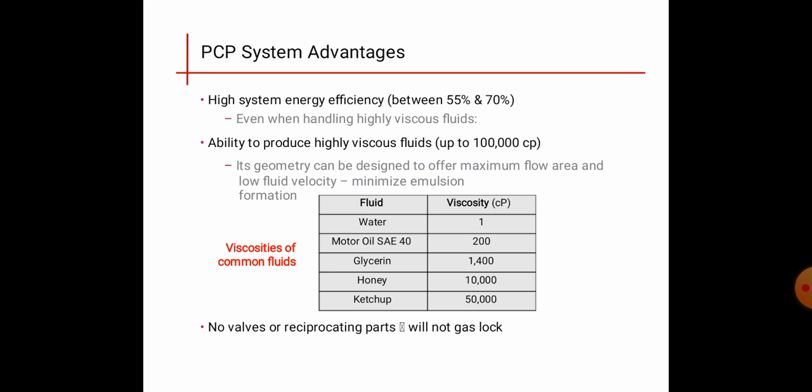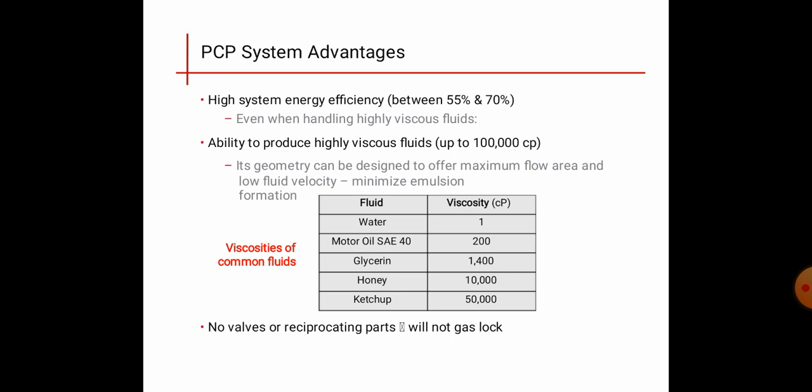Now the advantages of progressive cavity pump. So it has high system energy efficiency, that is 55% to 70%. It can also handle the highly viscous fluids. So for heavy fluids we can use the PCP pumps.